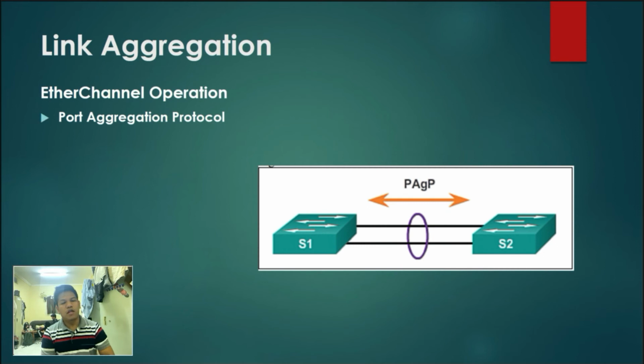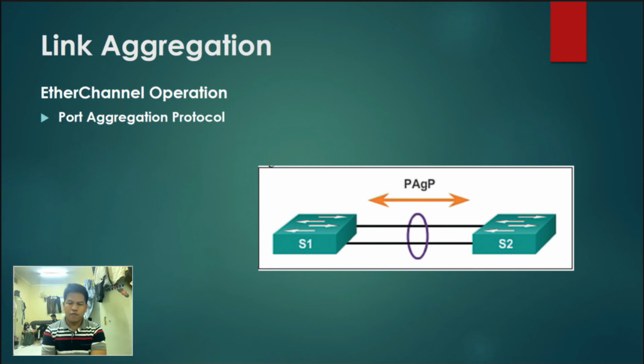For the port aggregation protocol, EtherChannel using one of two protocols, PAgP or LACP, can be formed through negotiation. With similar characteristics, these protocols allow ports to form a channel through dynamic negotiation with adjoining switches.